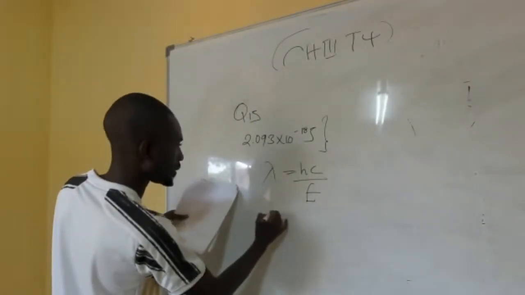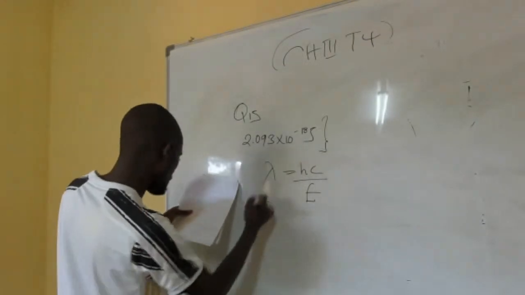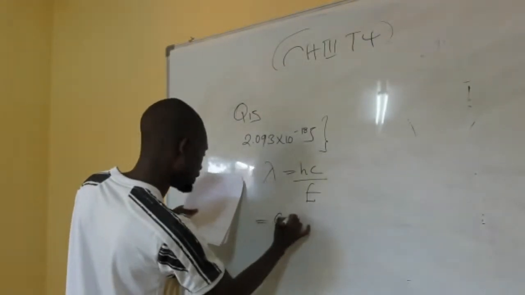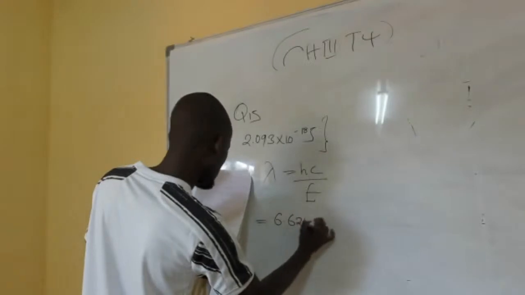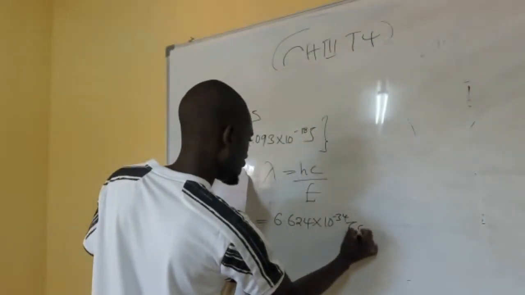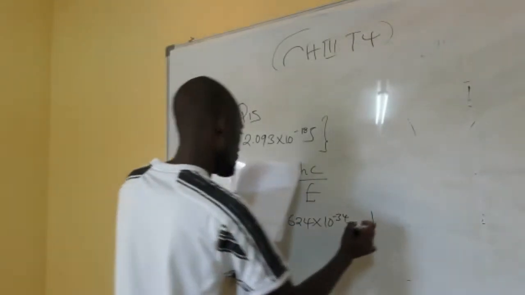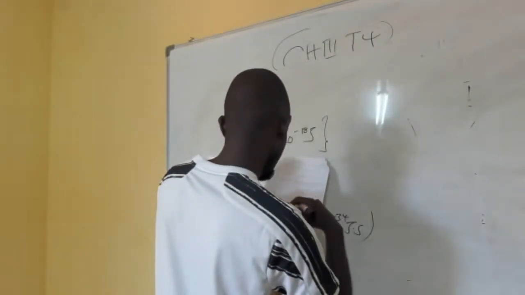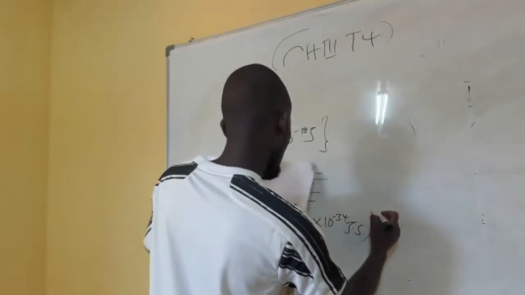So in this case, you are going to say 6.624 times 10 to the power negative 34 J·s in brackets, plus what you had, okay?